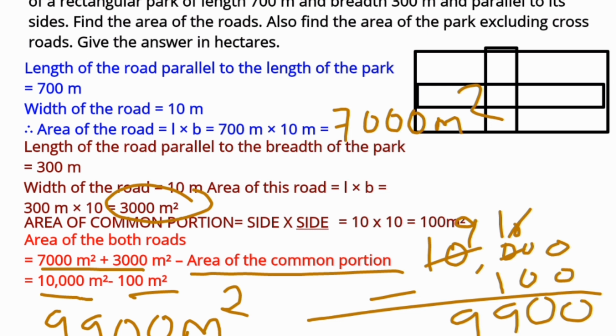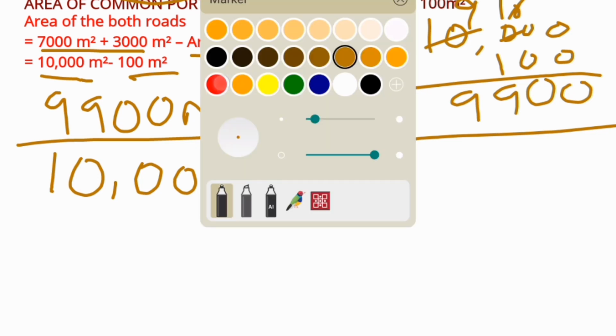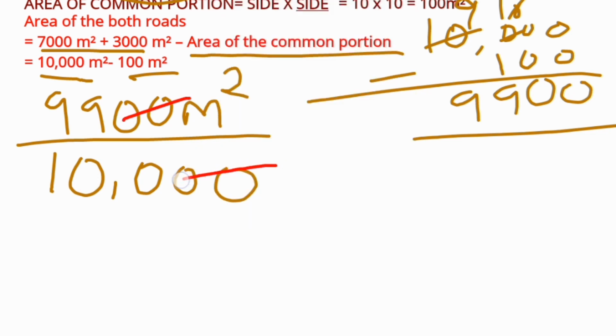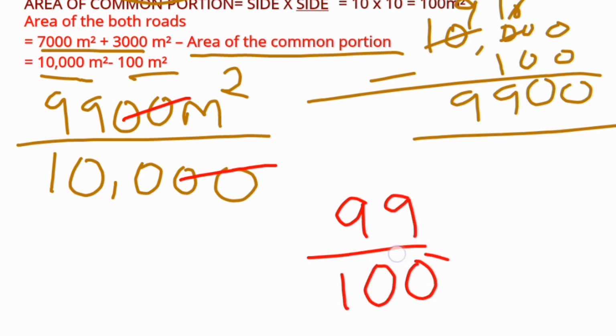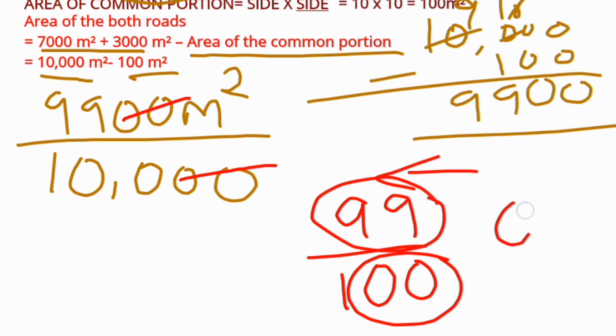In the starting of this video, I told you how to do conversion into hectares: divide by 10,000. So 9,900 meters square divided by 10,000. These two zeros will be cancelled out by these zeros. Now 99 divided by 100 means you need to put the decimal point after 2 digits from the right hand side. So 0.99 hectare is the area of both the roads.